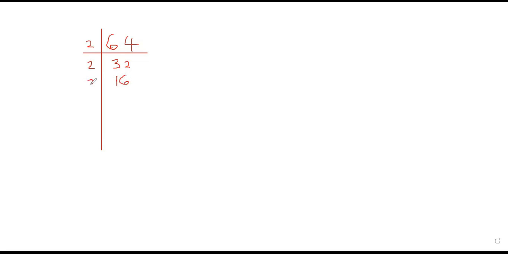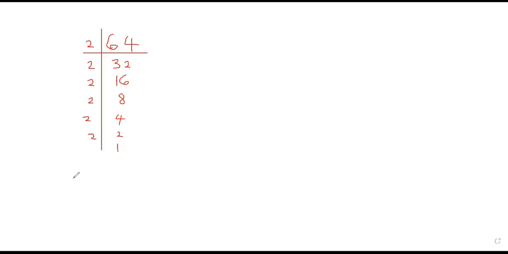We use 2 again. 2 in 16 is 8. 2 in 8 gives 4. 2 in 4 gives 2. And 2 divided by 2 gives what? 1. So the idea here is to reduce this number, 64, to 1 by dividing by just prime numbers.